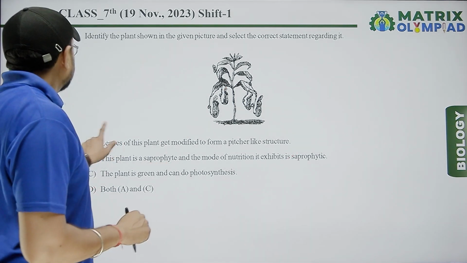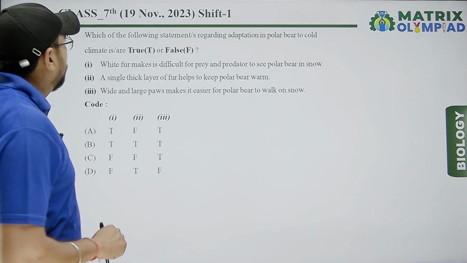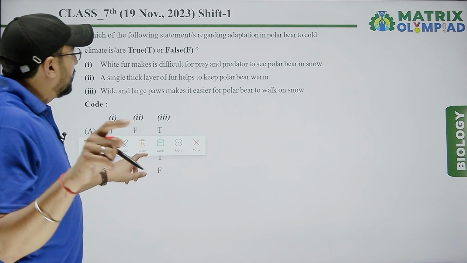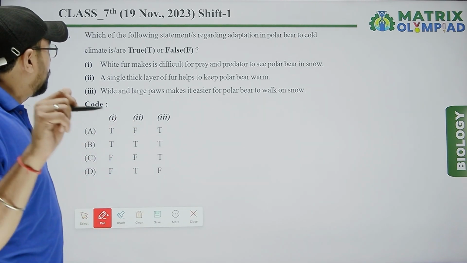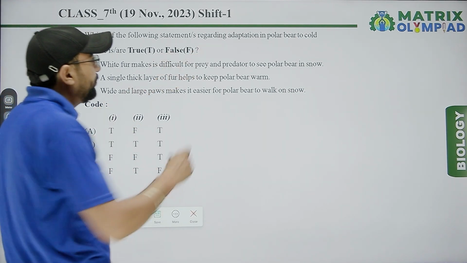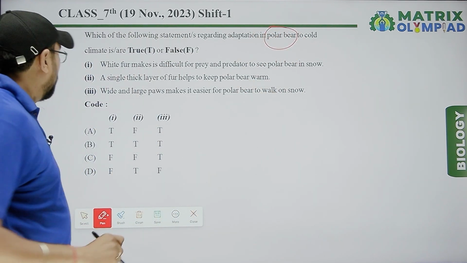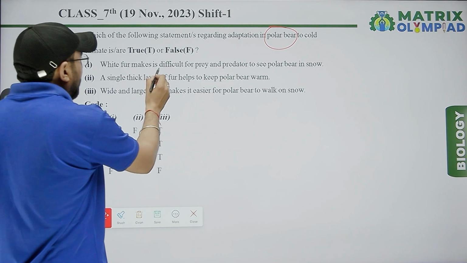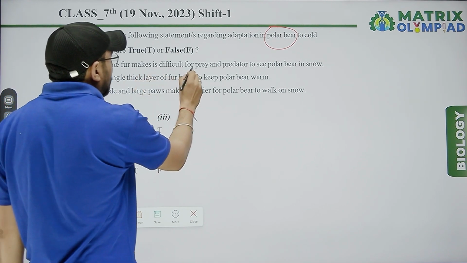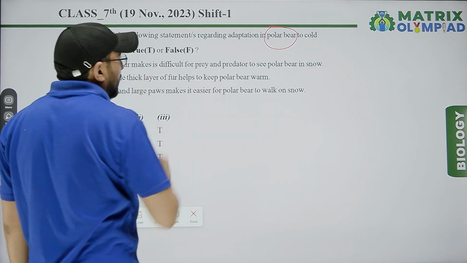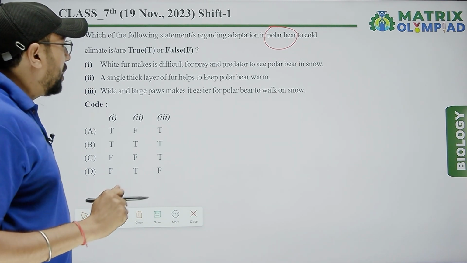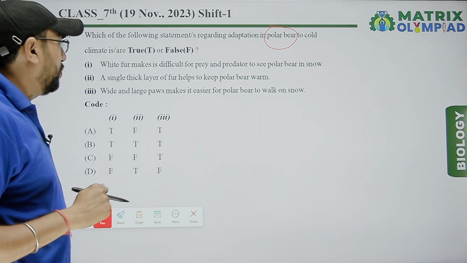Next one. Which of the following statements are true and false regarding the polar bear? White fur makes it difficult for prey and predators to see the polar bear in snow.